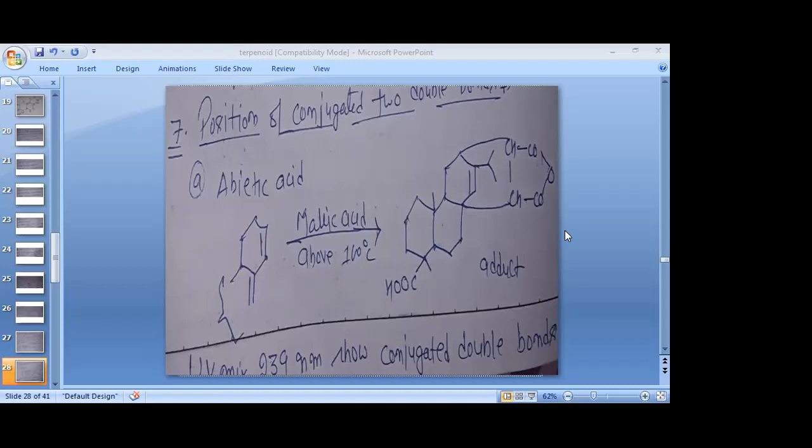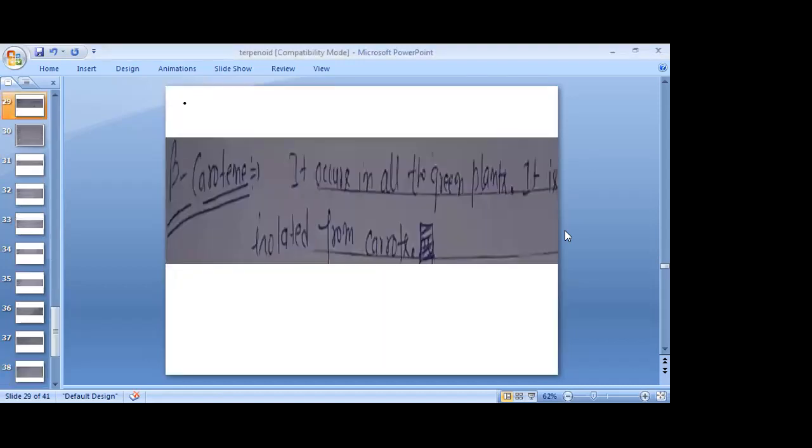Now after that, next compound after abietic acid, the second terpenoid is carotene. Now what about carotene? Beta carotene. According to your syllabus, the next terpenoid after abietic acid is beta carotene.